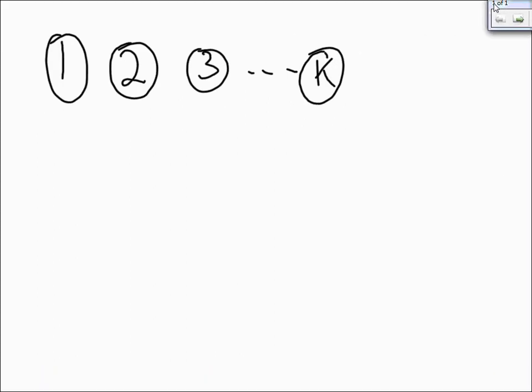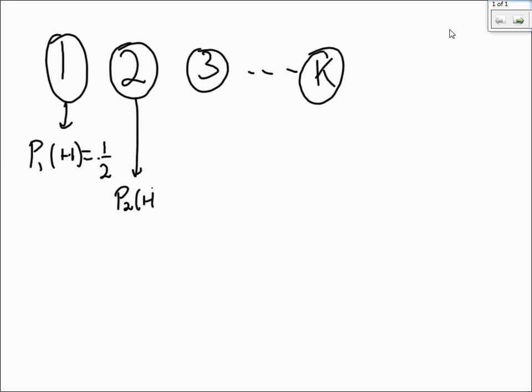Suppose that you have K coins, and the probability that the first coin, or coin labeled number 1, comes up heads is 1 over the first prime number, 1/2. And the probability that the second coin, if you toss it, comes up heads is 1 over the second prime number, 1 over 3.